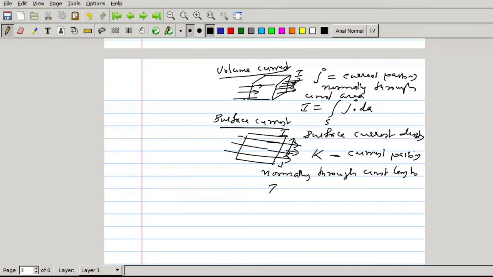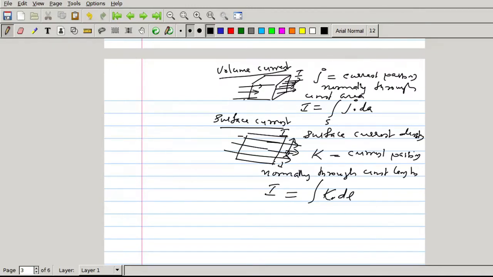If K is the current passing normally through unit length, then K into L will be the total current, or K dl will be the elemental current, and then we integrate this. So integral K dot dl, sorry, not K dot dl.